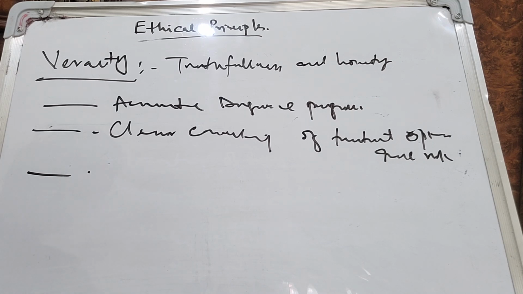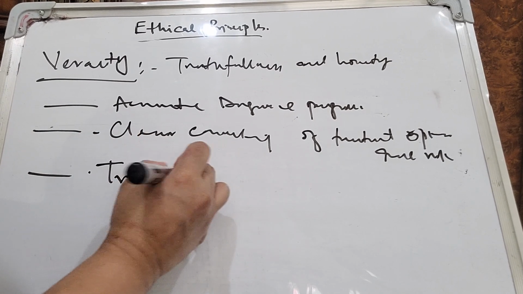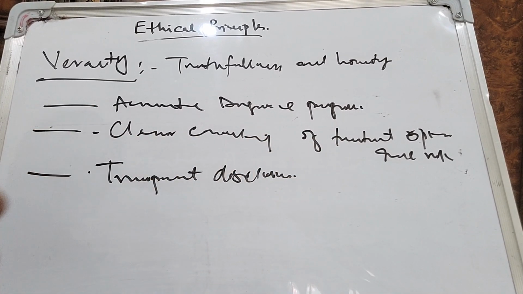For example, if you make a mistake, if you give the wrong medication, it is our duty to inform the patient. Always tell the truth to the patient, never hide anything. So transparent disclosure.